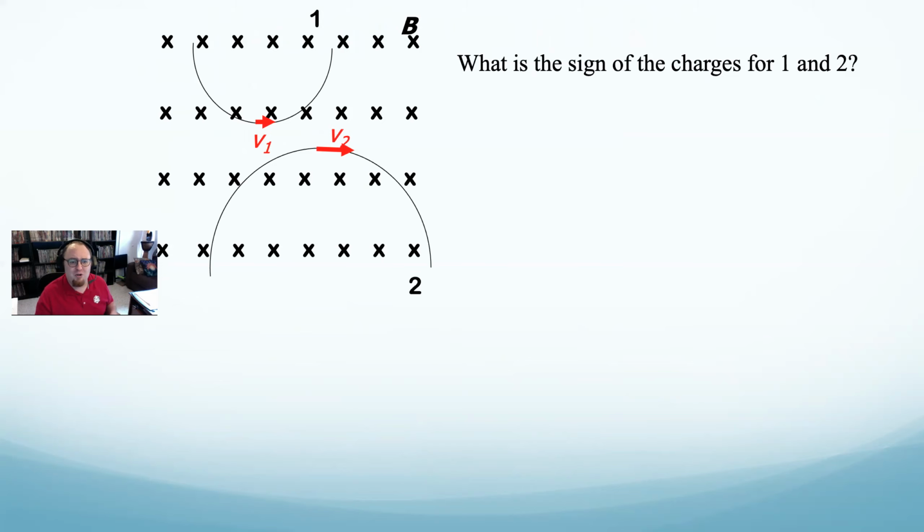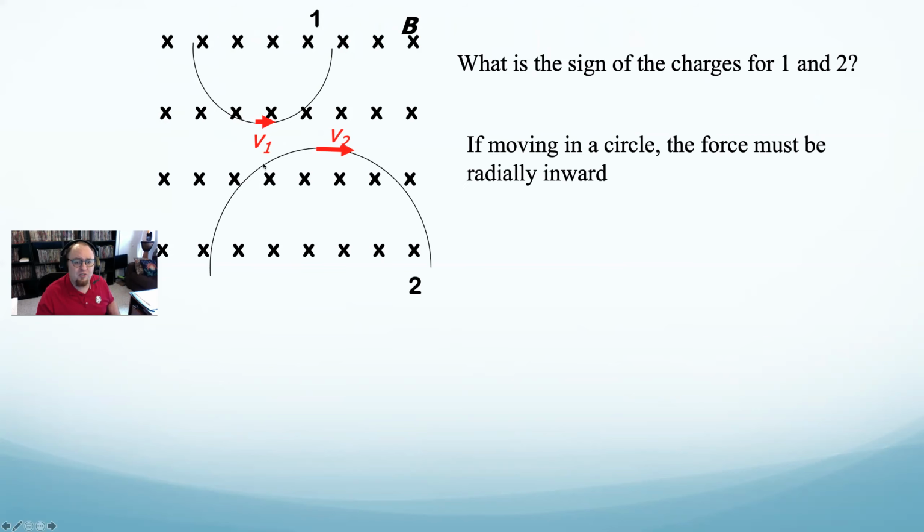If you have a charged particle, you want to know if it's positive or negative, set it moving in a known magnetic field. If I have a magnetic field into the page, the force has to always point to the middle of the circle. So for that first one, I'd say its velocity is this way. B is in. My thumb points to the center. The top one must be a positive charge. Sorry, I got ahead of myself.